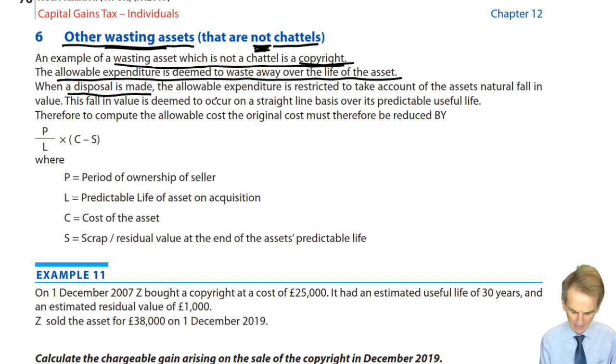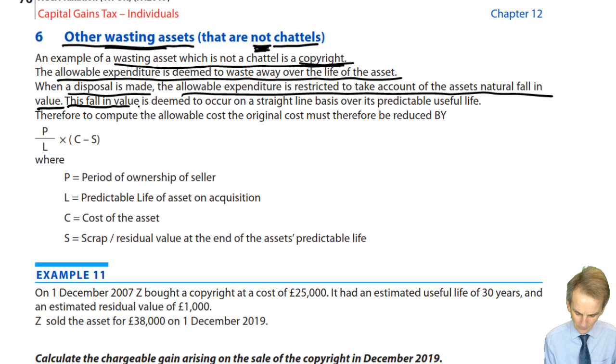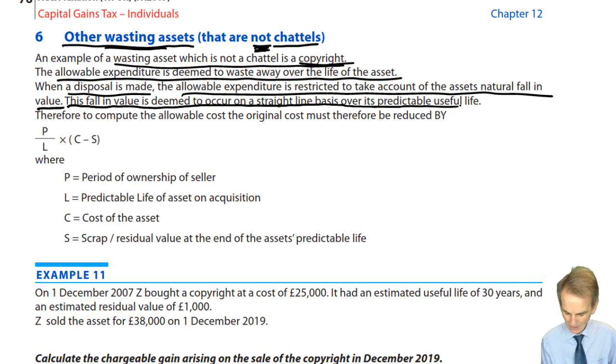So when a disposal is made, the allowable expenditure is restricted to take account of the asset's natural fall in value. As time goes by, as it wastes away, that issue alone would serve to reduce its value. This fall in value is deemed to occur on a straight line basis over its predictable useful life.